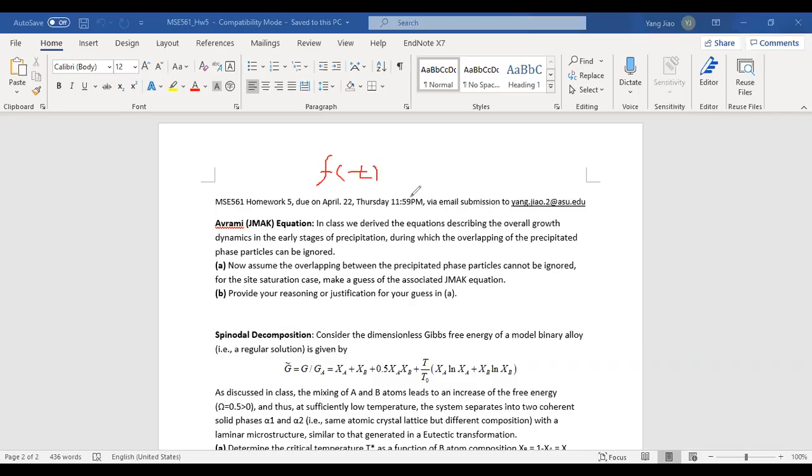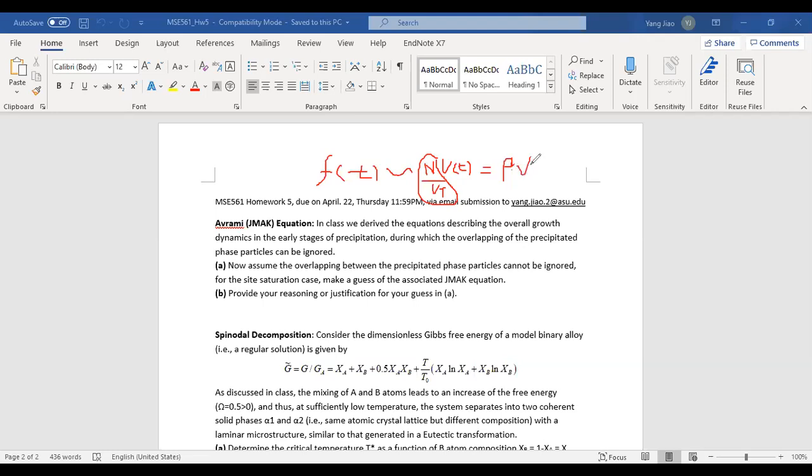We know that in the early stage, what this looks like is the number of particles divided by the volume, times the volume of each particle as a function of t. This is very straightforward. This is the volume of the system, I could call this V. If you group these two together, n over V, this is what we call the number density, the number of particles in the system per unit volume.